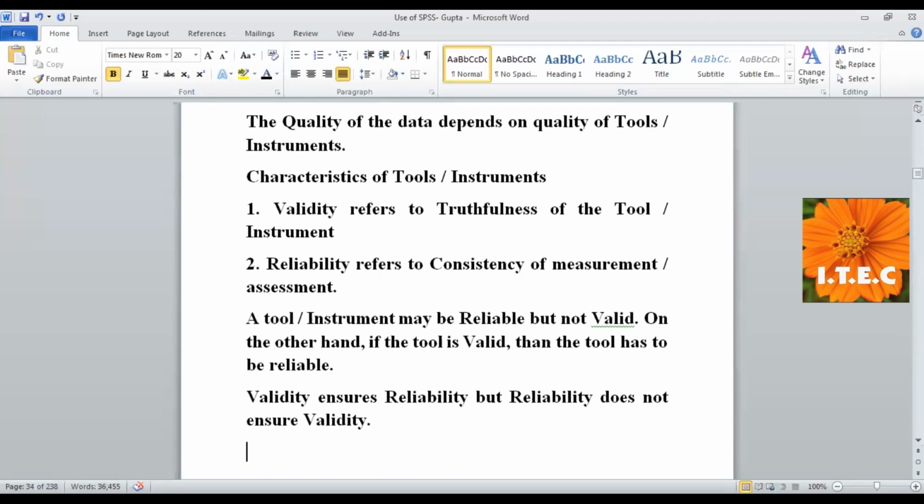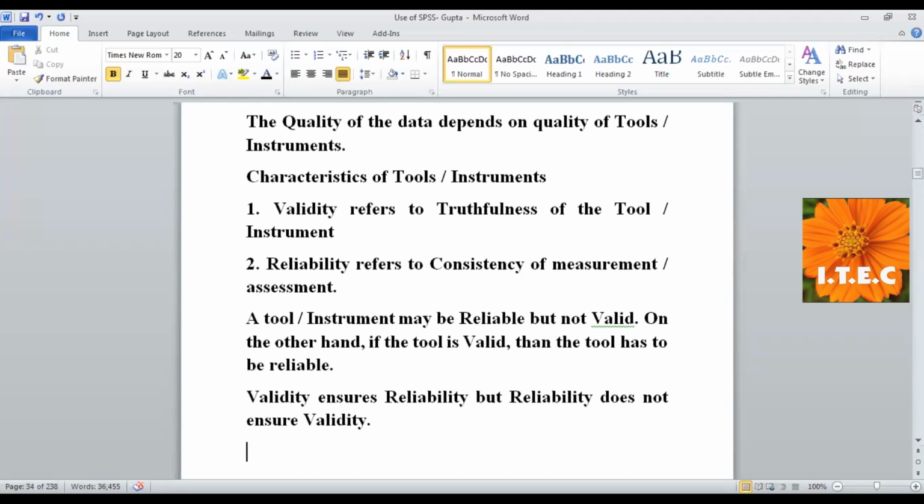You know that special trains which have been started, Shatabdi, it starts on dot. So it is reliable because every day it starts on dot.